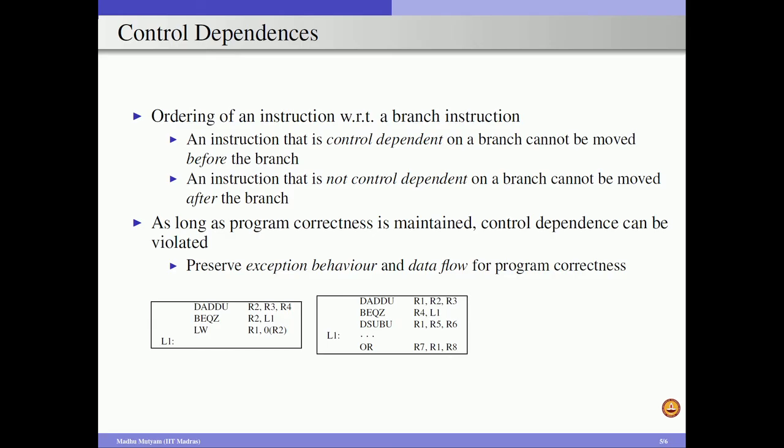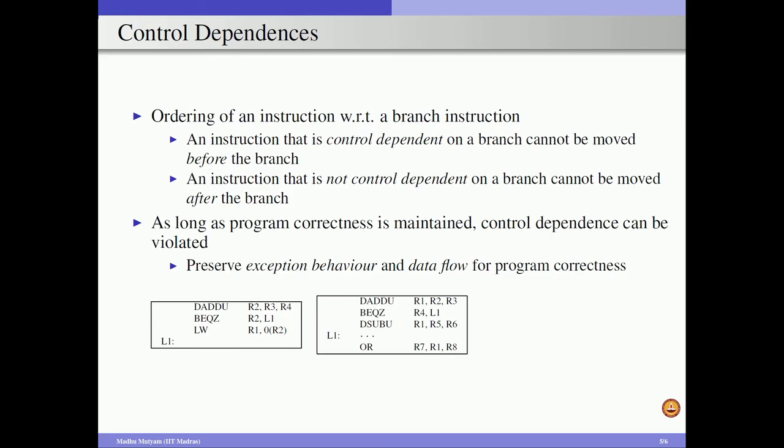That means there is a change in the data flow, which gives program incorrectness. Similarly, in the first example, the rearrangement may create an exception, which also leads to program incorrectness. So, as long as the program correctness is maintained, we can rearrange the instructions, but if rearrangement is going to create program incorrectness, then we should not do that.